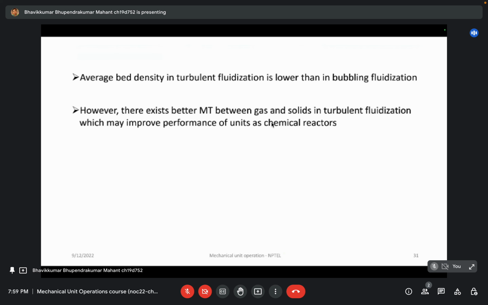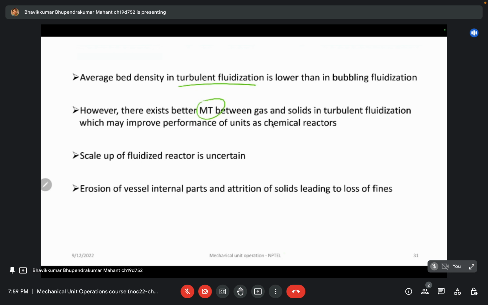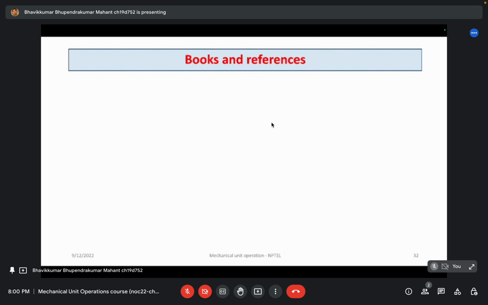However, there is better mass transfer between gas and solid in turbulent fluidization, which may improve the performance of the unit as a chemical reactor. When we talk about a chemical reactor, you need to maintain turbulent fluidization, which can be good for better mass transfer. Scale-up of the fluidized reactor is uncertain. You can't assume that whatever you got in the lab-scale result will match your final reactor. Erosion of vessel internal parts and attrition of solids leading to loss of fines are also issues many times.